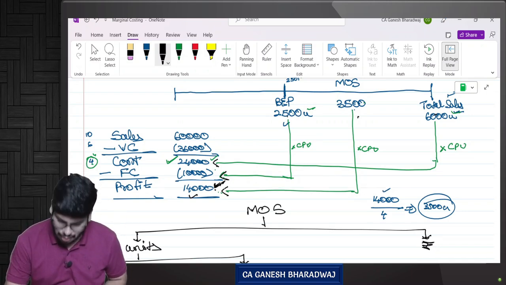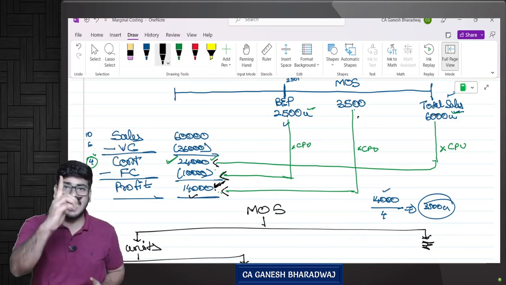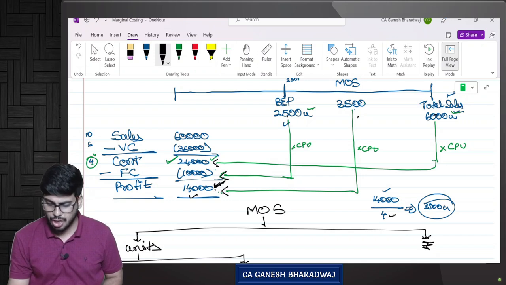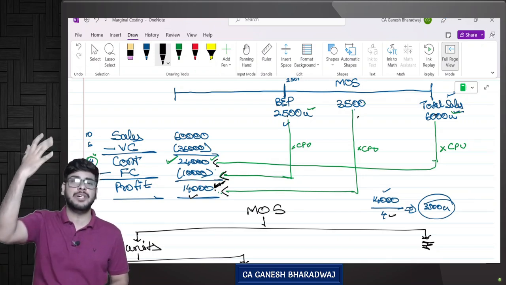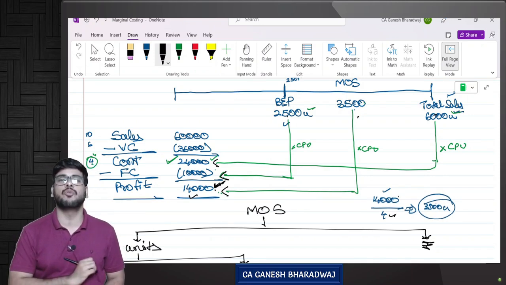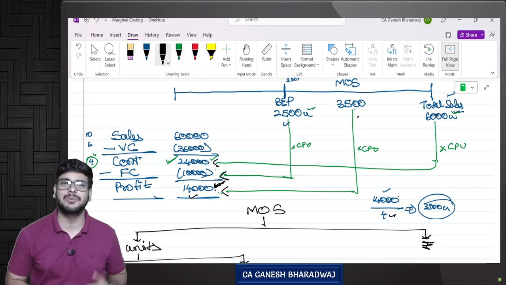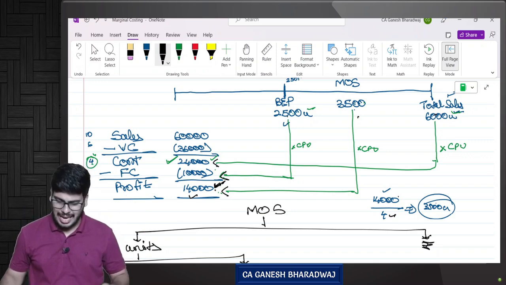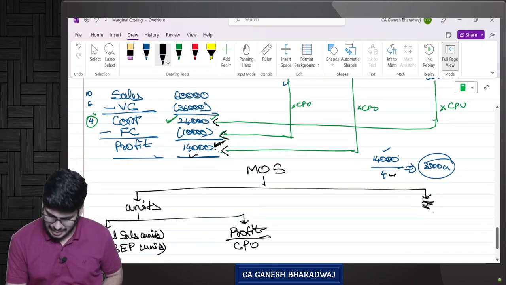So this 14,000 rupees of profit was built through the margin of safety units, and every margin of safety unit generated a contribution of 4 rupees. So how many units were responsible for the profit creation? 14,000 divided by 4, which is 3,500 units. That is what is the margin of safety units. Are you clear with this? And the other way, if you want to calculate this in value, very simple.